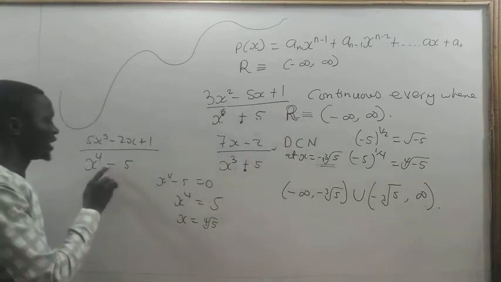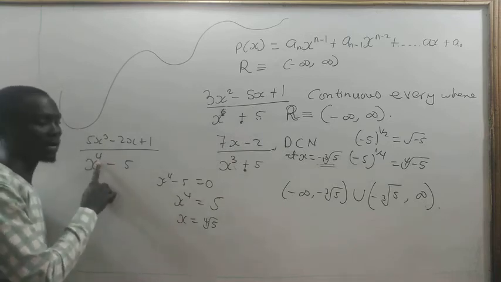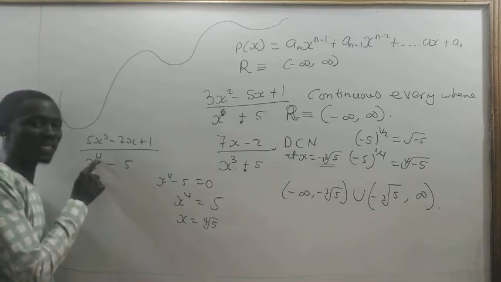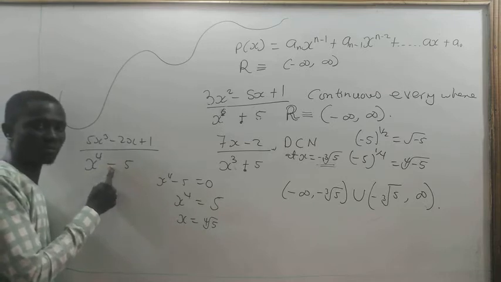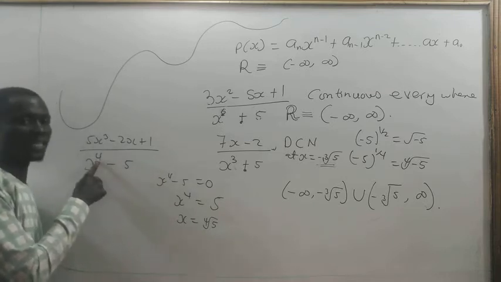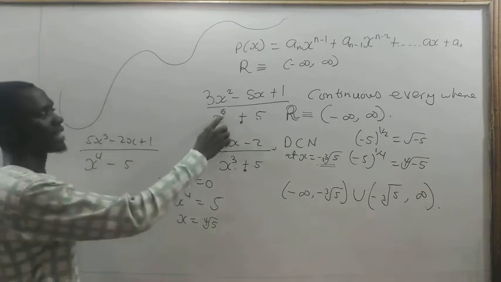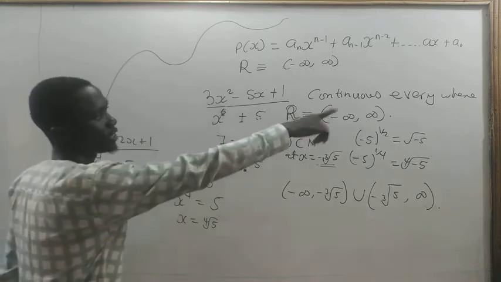So here, if the sign is negative, whether it is an even power or an odd power, we can equate it to 0. Let me repeat. If the sign here is negative, whether the exponent is even or odd, there's no problem. But if the exponent is even and the sign is positive, then it is continuous everywhere.